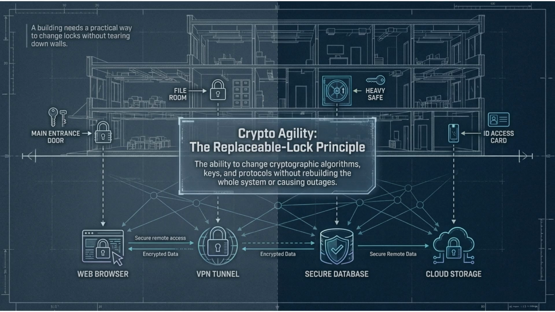You simply replace the affected locks and issue new keys while the building keeps functioning. Digital architectures are no different. Cryptographic protocols are woven into web browsers, virtual private network tunnels, secure databases, and cloud storage systems. A crypto-agile system is designed to replace algorithms, cryptographic keys, and protocols with minimal disruption to daily operations.